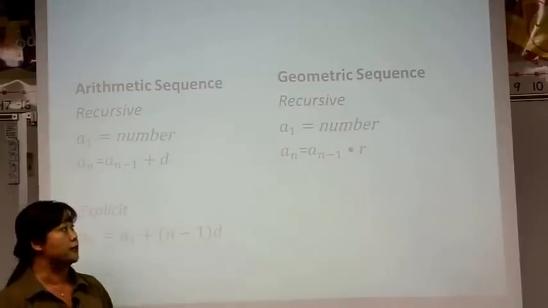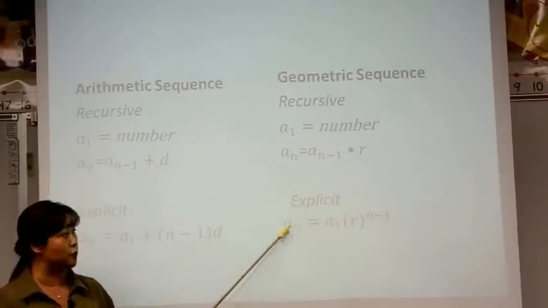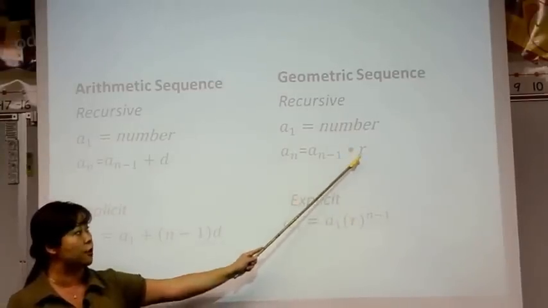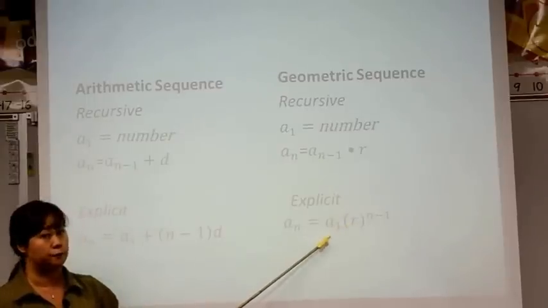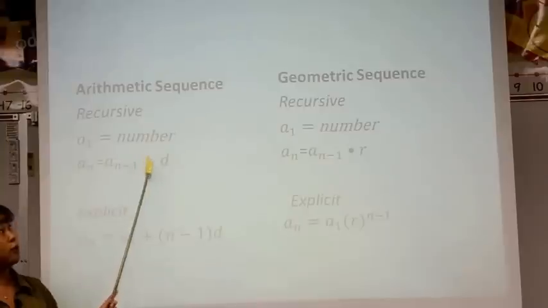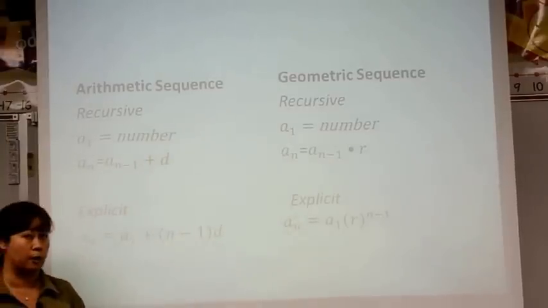And then for the explicit, same thing: I could jump around in the geometric sequence, and we like that. We still have the r, which is the same r as here, the pattern. But I also have a1, and a1 is always the first number, which is mentioned in the recursive. So using the four formulas here, that's what we're going to use to figure out the problems today.